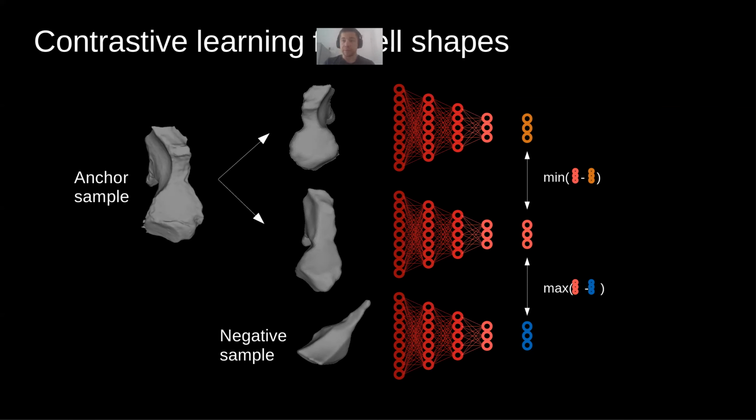And we had a loss function that encourages the network to embed the two feature vectors that are computed from the 2 augmented positive views close together in feature space, so minimizes the distance between them, and maximizes the distance between these 2 feature vectors and the feature vector of the negative sample. So this is one of the main ways to train the network.